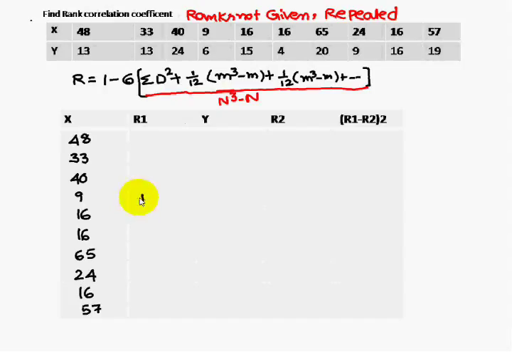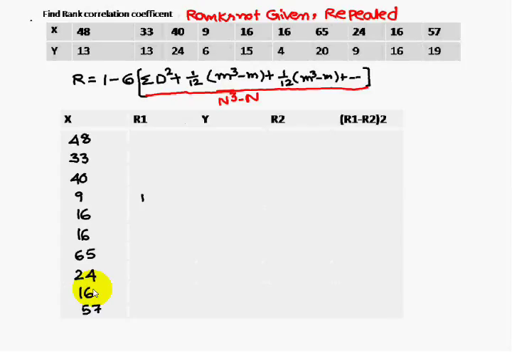So the least value is 9, and I have given it rank 1. After that, the next highest value is 16. There are three 16s. Then how to give the rank to the 16?